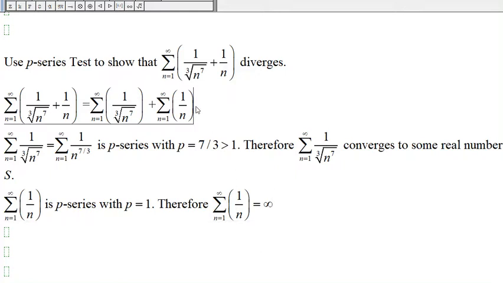And so we come back right here. This series converges to some finite number S, and then the harmonic series converges to infinity. So this is a real number plus infinity, it's just infinity. And therefore, this series right here diverges.